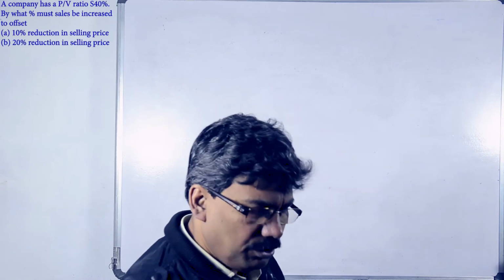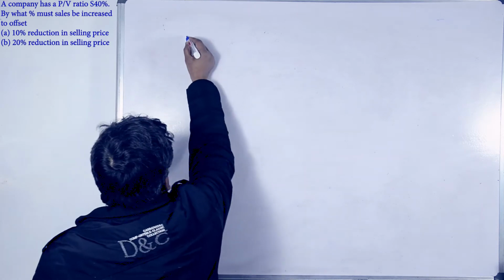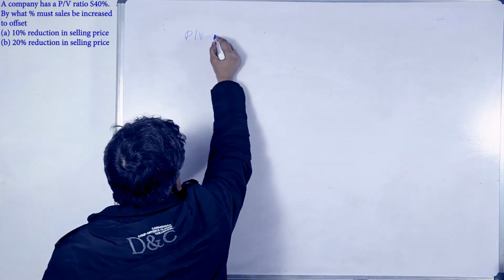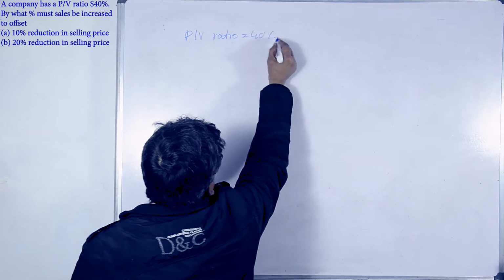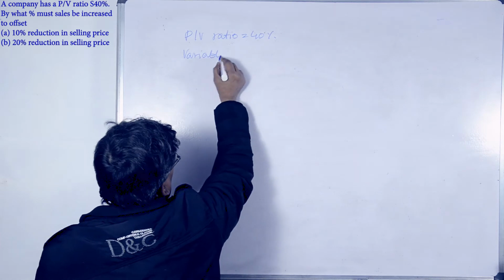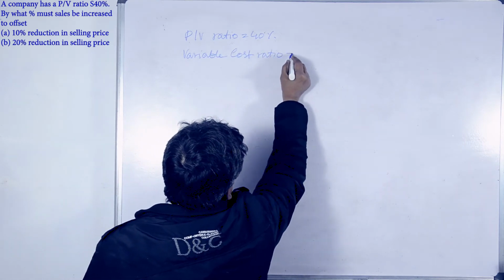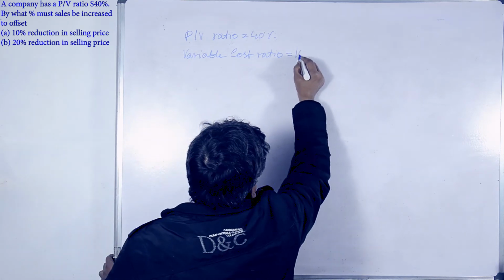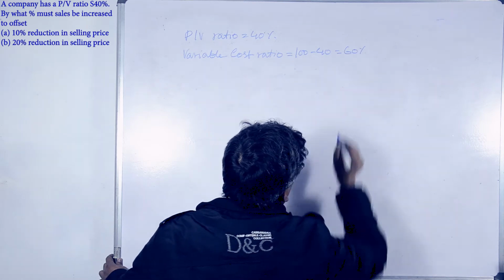Therefore in this question PV ratio is already given, 40%. If PV ratio is 40%, then variable cost ratio we can easily calculate. Variable cost ratio equals 100 minus PV ratio, 100 minus 40, that is equal to 60%.